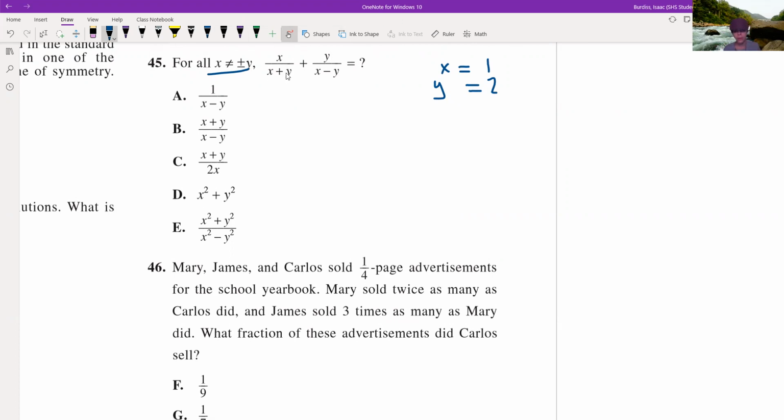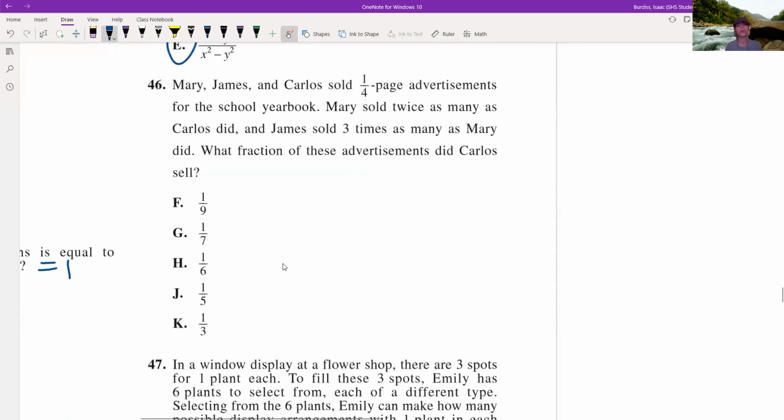If you plug those into the equation, and then also plug it into this, you would find out that it equals this. That's the answer if you just plug this in.